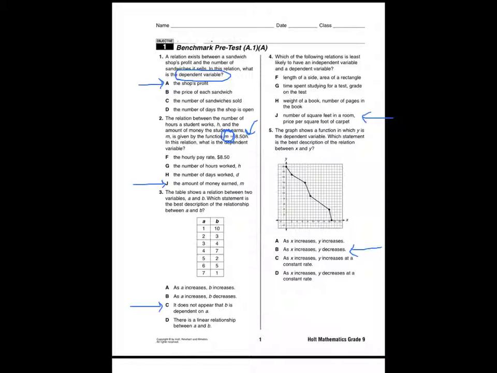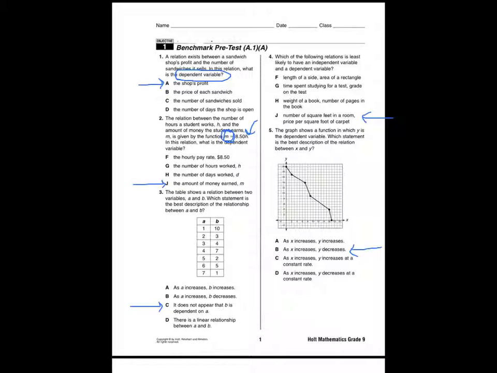For number 3, what we're trying to figure out here is whether there is a relationship between A and B. The table shows a relation between two variables, A and B. Which statement is the best description of the relationship between them? They're trying to figure out what we are doing to A in order to get B. And if you look, there's not really a pattern here.